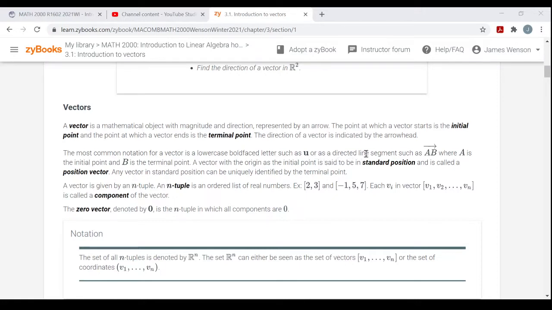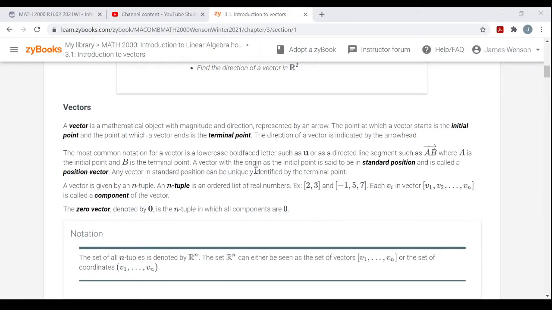Or a vector can be written as a directed line segment, such as AB with an arrow overhead, which is what I'm going to be writing on paper, where A is the initial point and B is the terminal point.